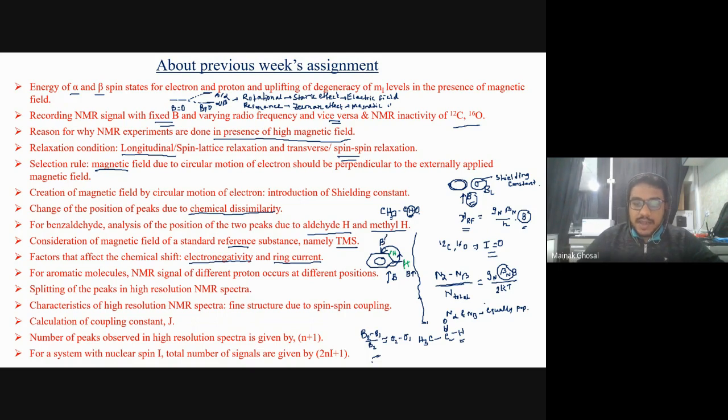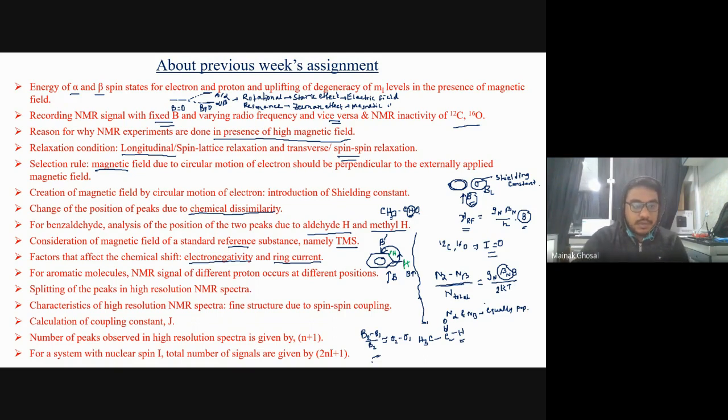Since here the magnetic field is increased, this will be less shielded. In the upper position, the magnetic field is decreased, so this will be much more shielded, and so it goes upfield. So the two hydrogens of benzene will not come in the same position.